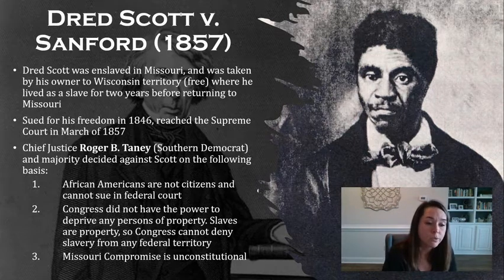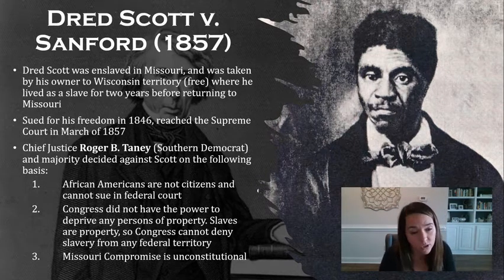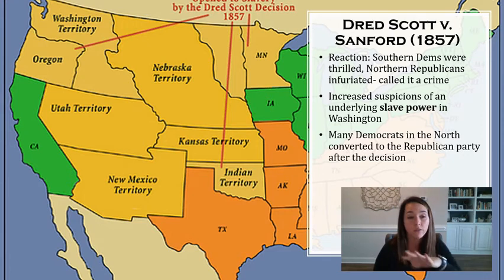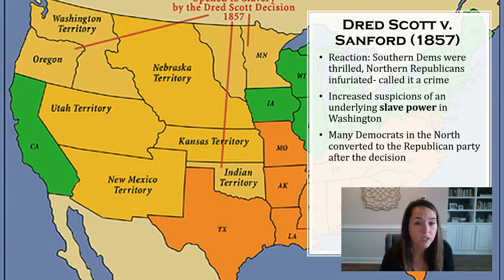So it basically rules the Missouri Compromise is unconstitutional. And what it does is all of the territory in all of those territories, like in yellow right there, as you can see, that it's pointing to. So Indian Territory, Oregon, Washington, Minnesota, okay? Federal government cannot deny slavery in those areas, okay? So it basically opens up slavery in the West.